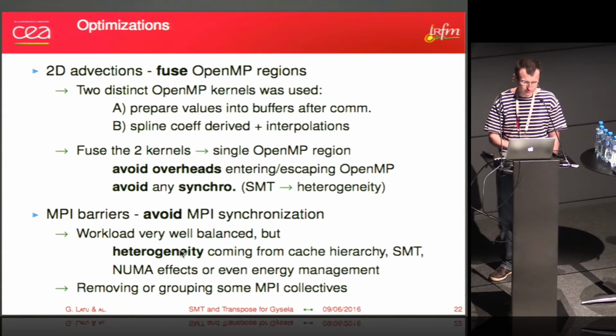So the solution we found in the 2D advection is to fuse OpenMP regions. That's why we have many black holes in the 2D advection. So in fusing these OpenMP regions, we can avoid overheads to enter and exit OpenMP regions and avoid any synchronization that are competing with SMT that introduce some heterogeneity.